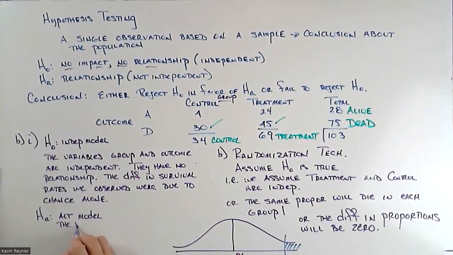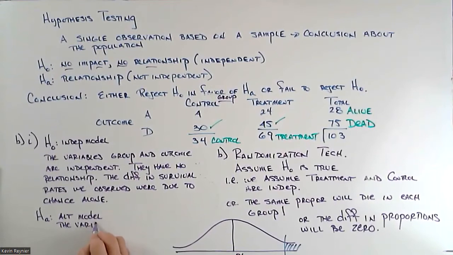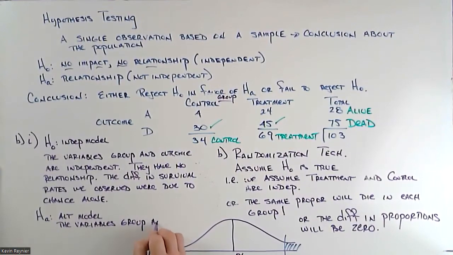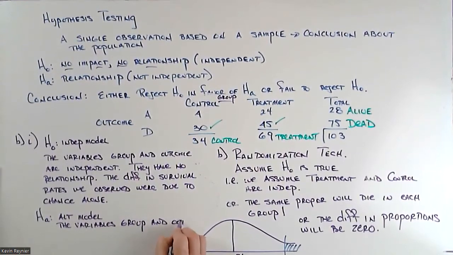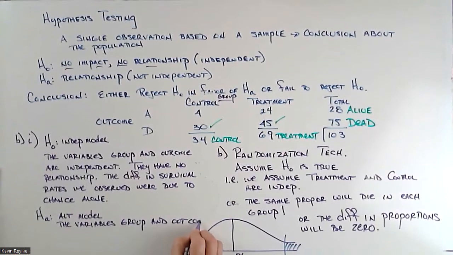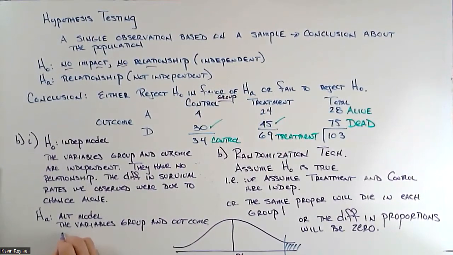So the variables group and outcome are not independent.